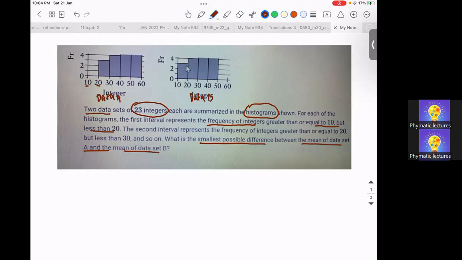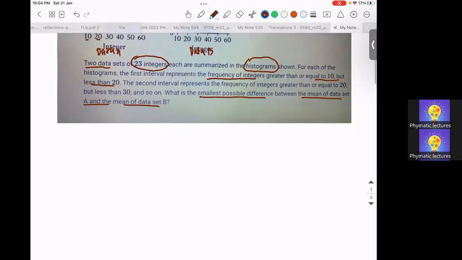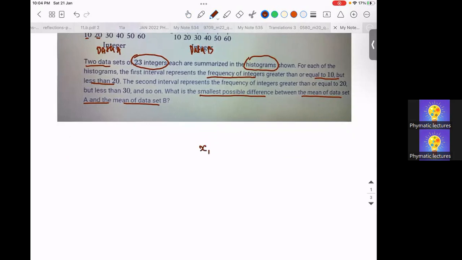But while calculating the mean, what is our requirement? The smallest possible difference between the mean of data set A and the mean of data set B. Okay, perfect. So we will assume the mean of data set A as X_A bar, and the mean of data set B as X_B bar.